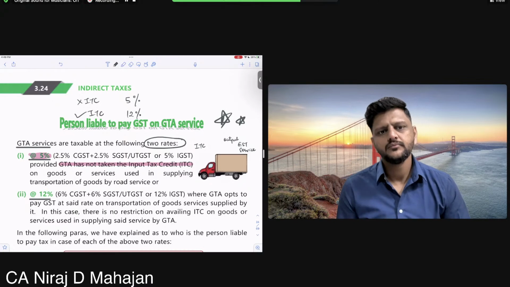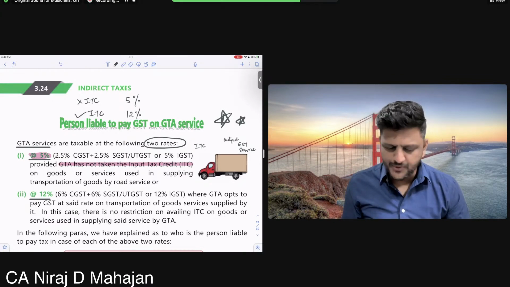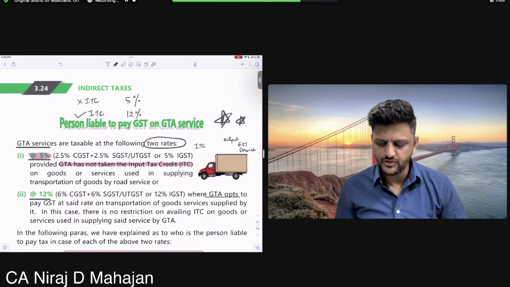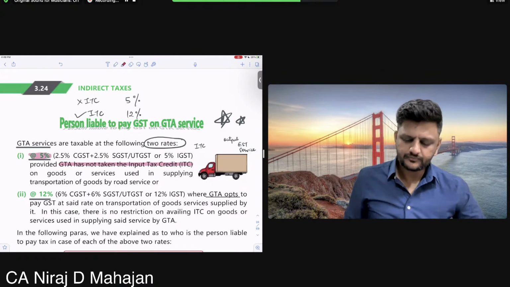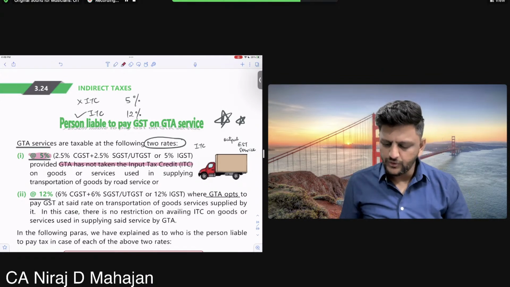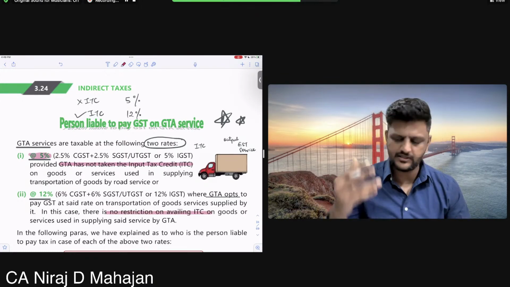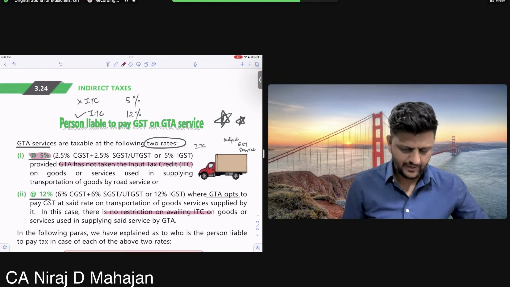What else? Okay? Or 12% where GTA opts to pay GST at the said rate on transportation of goods and services supplied by it. In this case, no restriction on availing ITC. That means ITC is allowed. Clear? So two options we have.